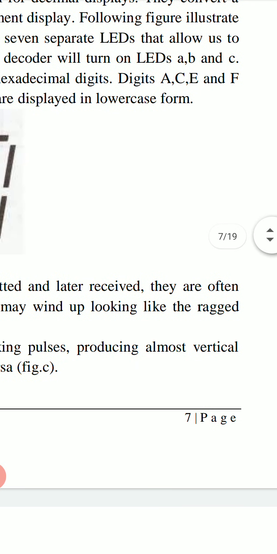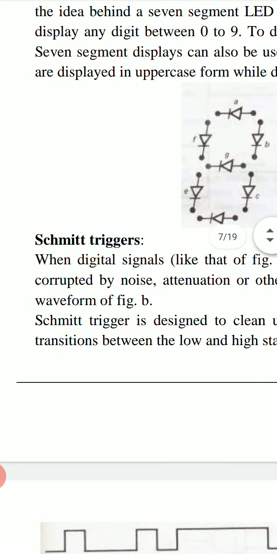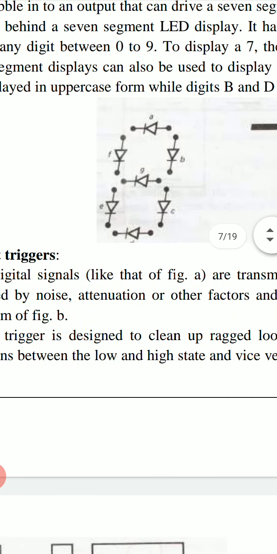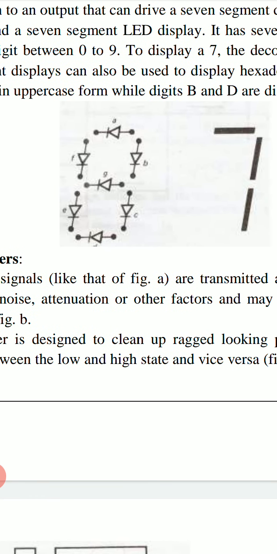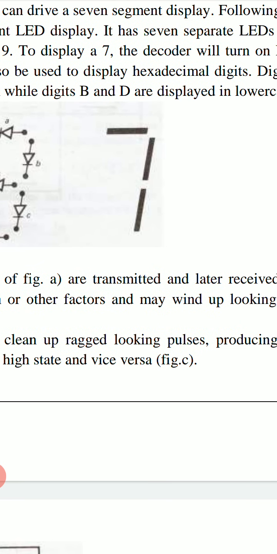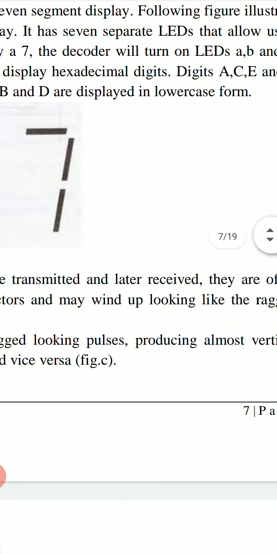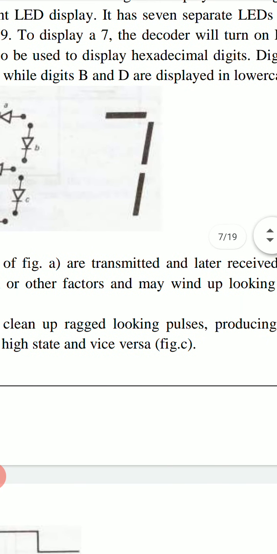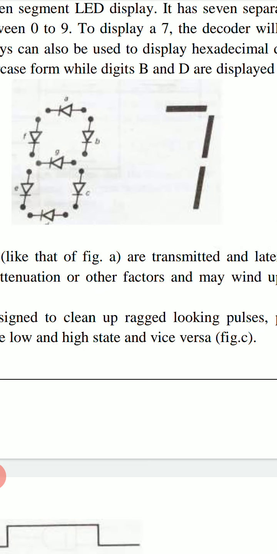Digits A, C, E and F are displayed in uppercase, in capital letters, while digits B and D are displayed in lowercase. If these were displayed in uppercase, then they would be the same as some decimal numbers.